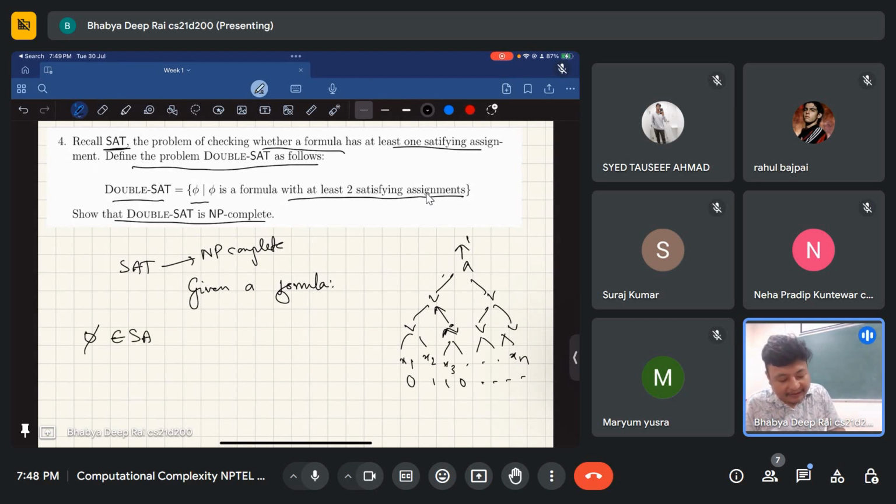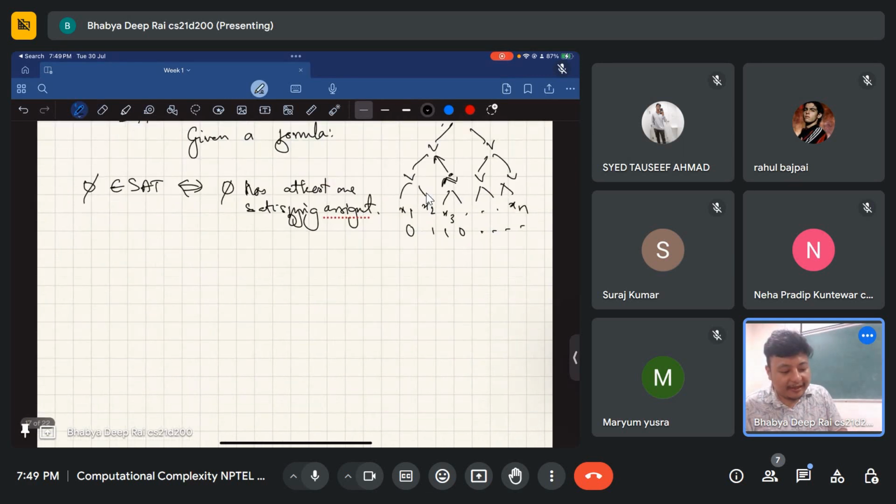Phi belongs to SAT if and only if phi has at least one satisfying assignment. If no assignment satisfies, then obviously it is not in SAT.